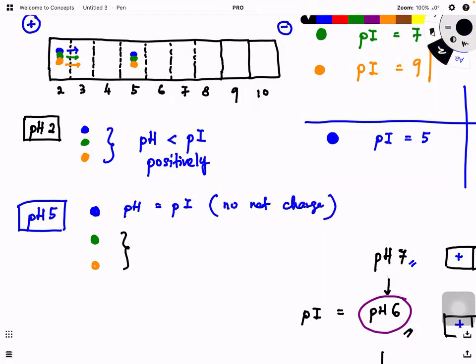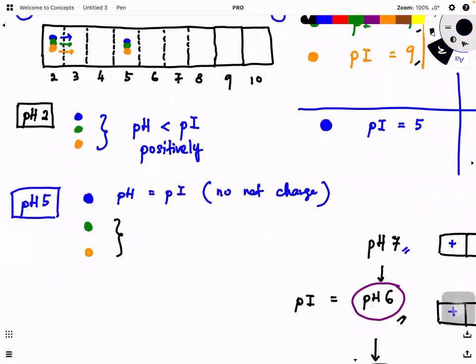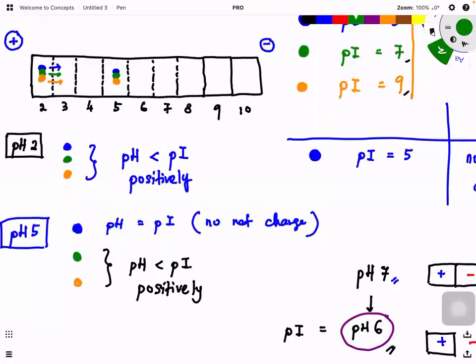Because their pI is 7 and 9 respectively, the pH of the gel is still lower than pI, so they are still positively charged. So the green protein and orange protein continue to migrate, but for the blue protein, pH equals pI, so it reaches the isoelectric point. So basically the blue protein now stays, because it has no net charge already.